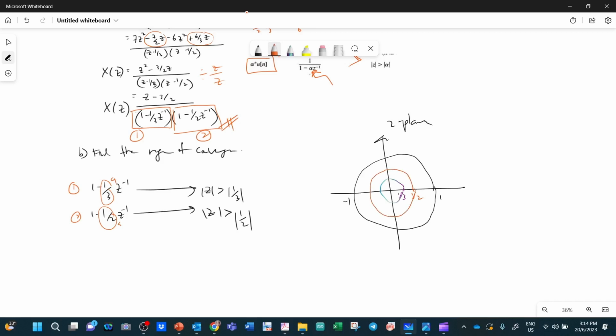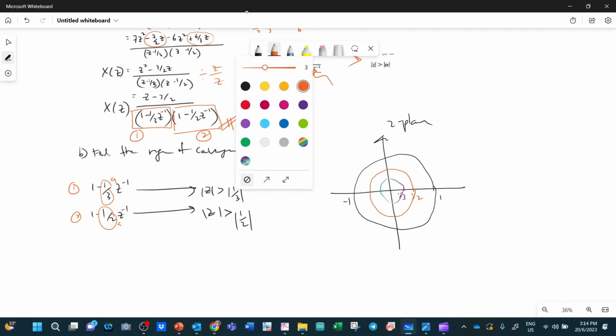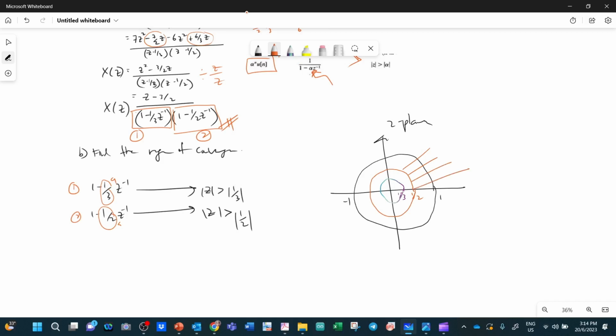Okay, and for the first equation you have z more than 1 over 3. So z more than 1 over 3 is this area. Thereby you see that it's covering the unit circle. For the second equation over here, you see that it's more than 1 over 2. Oh sorry, this one is more than 1 over 2, and the other one is more than 1 over 3. More than 1 over 3 will be in this area, more than that.